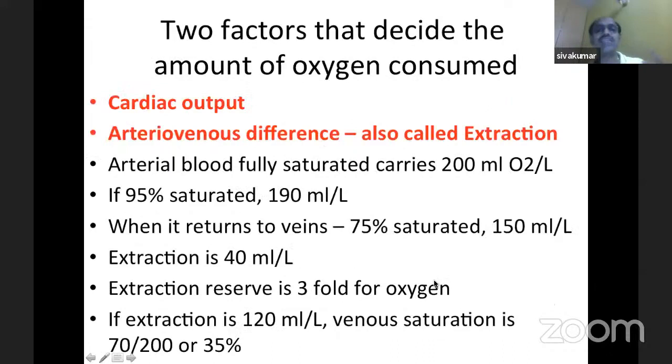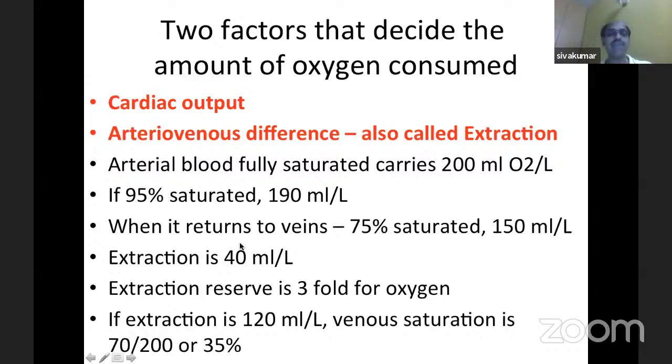The two factors that determine the amount of oxygen consumed are the cardiac output and the arteriovenous oxygen difference, which is also called extraction. So let us see what extraction is. I just told you that fully saturated arterial blood carries 200 ml. Let's assume the arterial blood is only 95% saturated, so it is 190 ml.